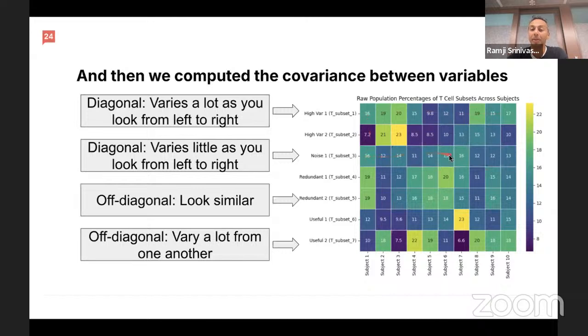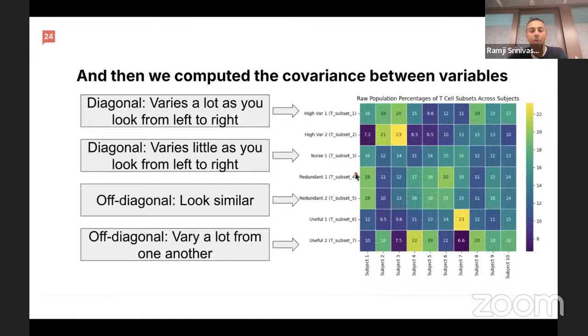This noise population is going to have a very low covariance with itself. It's not going to change that much. These redundant populations will have a low covariance with one another. And these useful populations are very likely to have a high covariance with one another. So this is going to come in handy in our covariance diagram later.